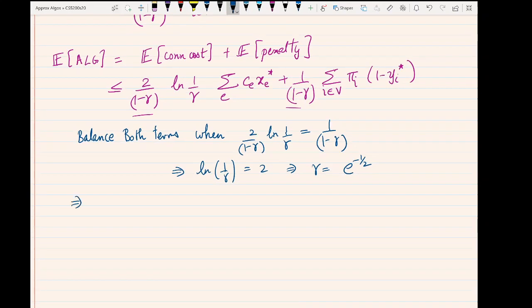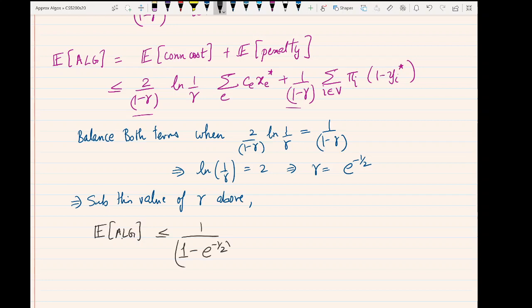So this implies that substituting this value of gamma, we finally get that the expected value of the algorithm is at most 1 over 1 minus e raised to minus half times ZLP. Okay, because what remains back when both of these terms are equal and you pull it out is just the LP value.